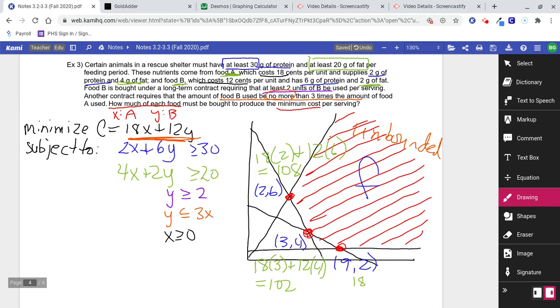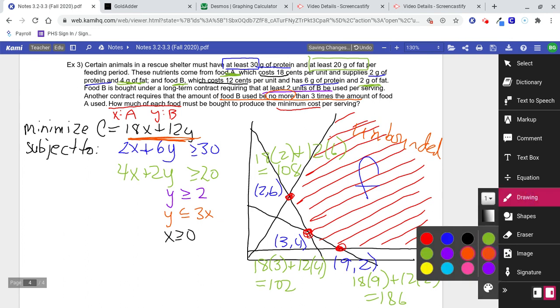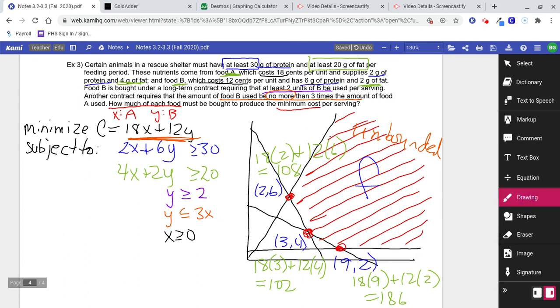And 18 times 9 plus 12 times 2 is 186. Okay, be careful. Remember, you're trying to minimize. We are minimizing, and so the minimum number here is 102.